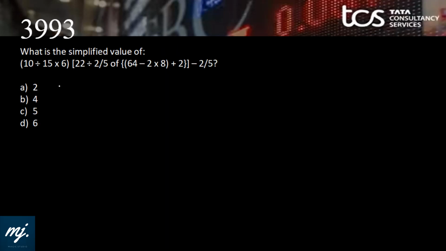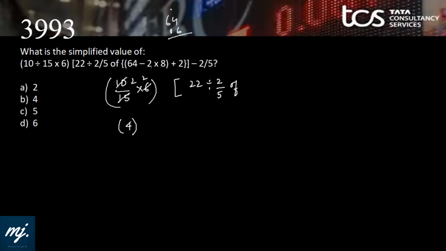Okay, one more simplification to do. 10 divided by 15, that is 10 by 15 into 6. This is the first bracket. So the first bracket value is 4. Then the next one goes like 22 divided by 2 by 5 of, and then we need to calculate this. 2 into 8 is 16. 64 minus 16 is 48. 48 plus 2 is 50.